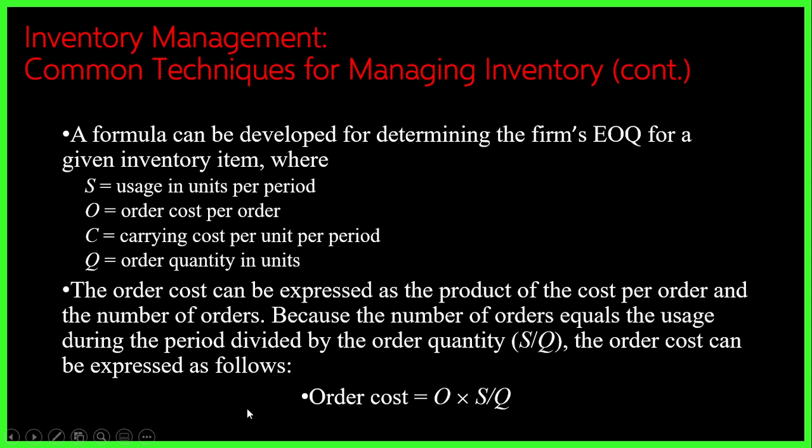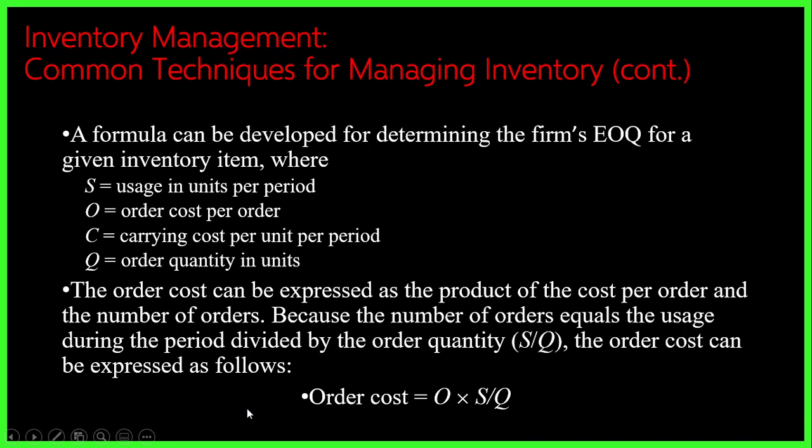Okay, some things you have to remember for the formula. S for the usage in units, O for the order cost per order, C for carrying cost per unit per period, and Q, this is the order quantity in units.